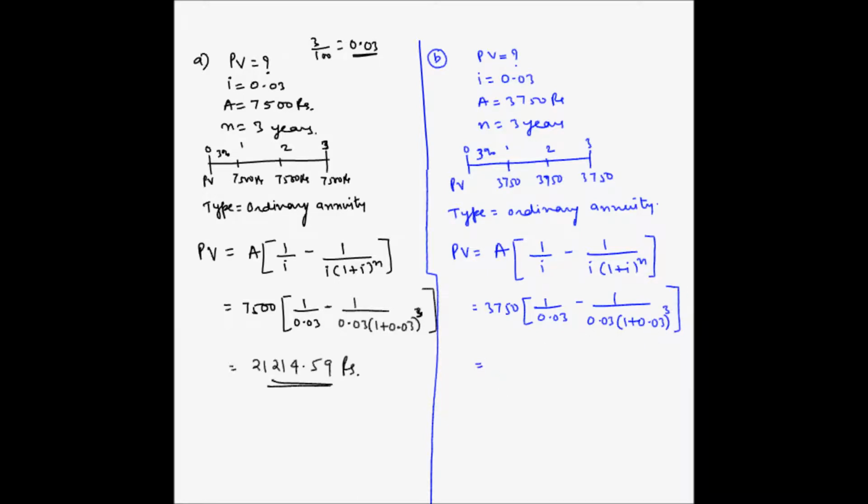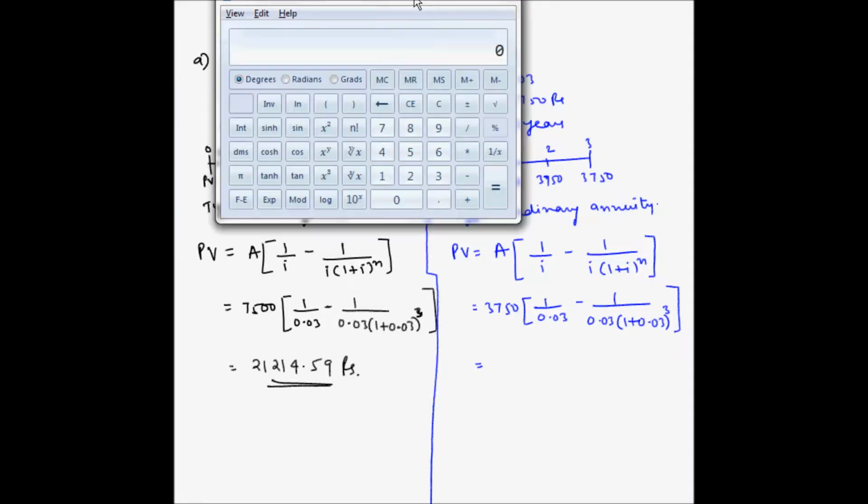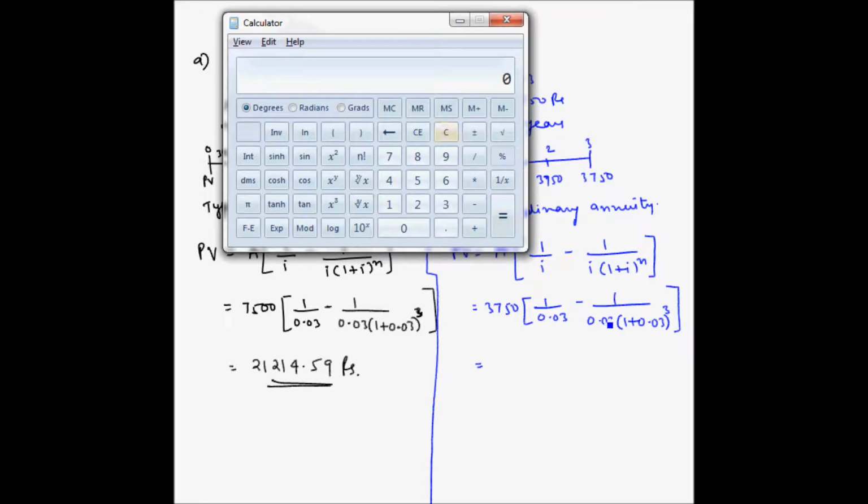So let me again pull my calculator here. We have to first calculate this bracket. 1 plus 0.03 is 1.03 cubed.